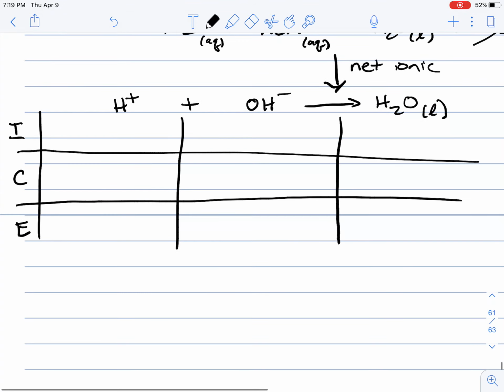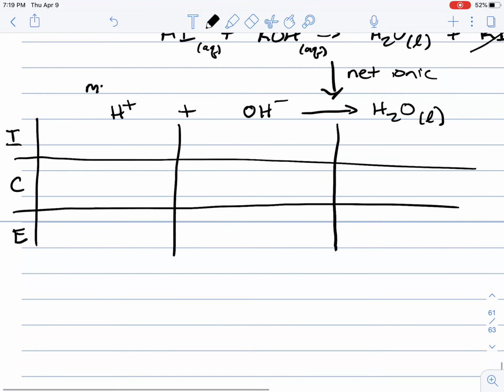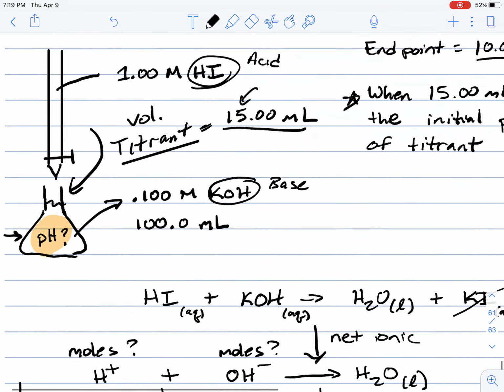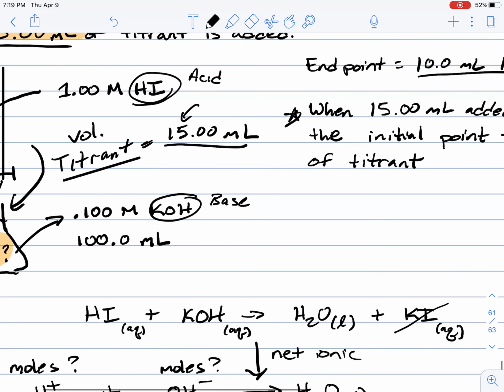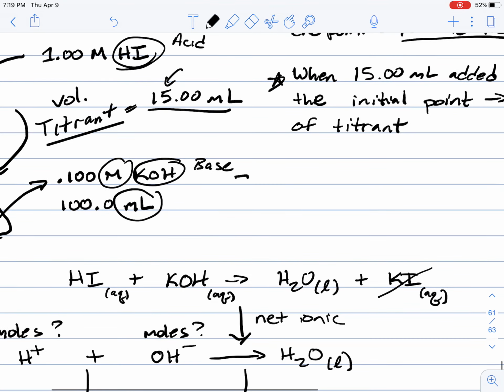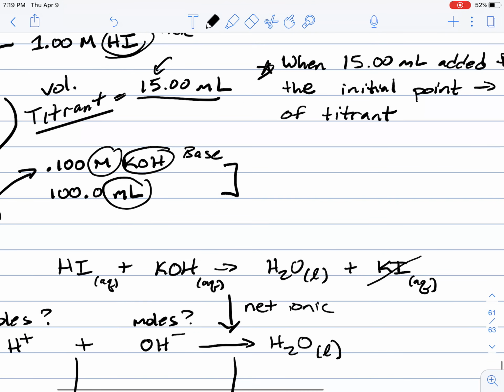And so what is my initial moles of acid, and how much of my acid is going to react with the moles of base? Okay. And so once again, I can determine that by multiplying the molarity and the volume. And so if we do that calculation, I have 0.100 liters.